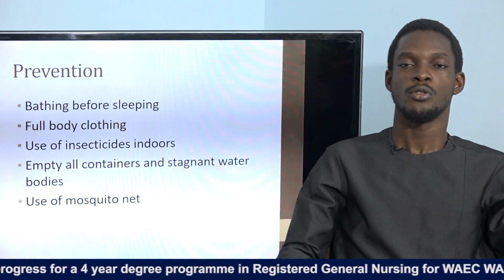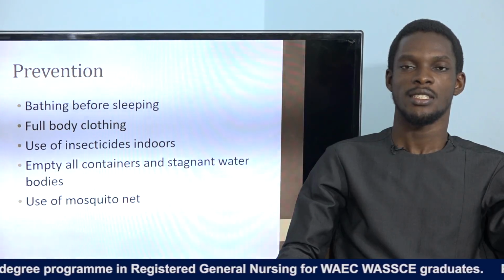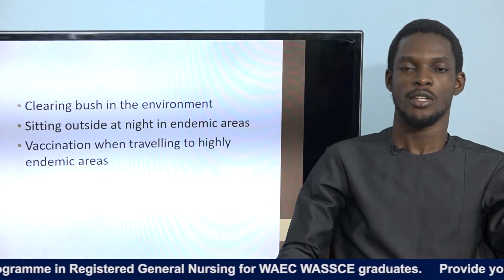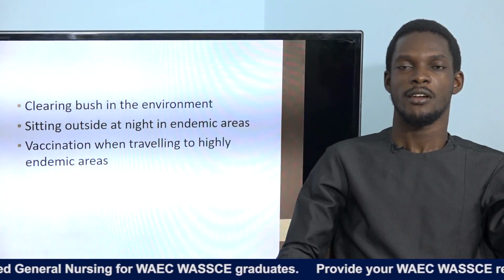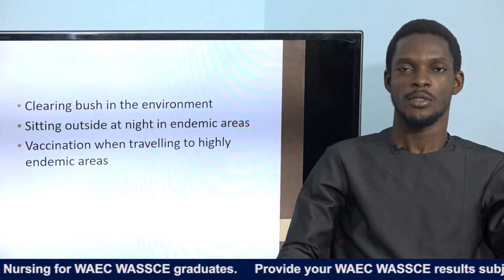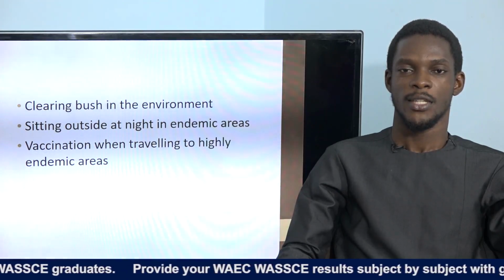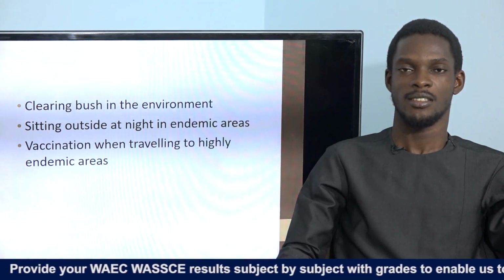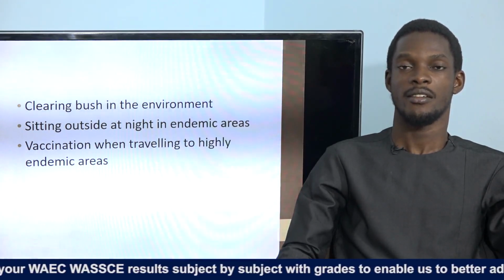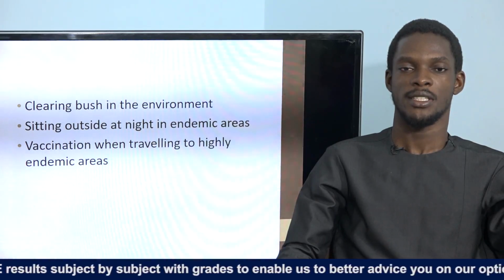You also want to use an insecticide-treated mosquito net to prevent malaria. Clear bush around your house where mosquitoes can potentially hide. Sitting outside at night in endemic areas should be discouraged so that malaria can be prevented.